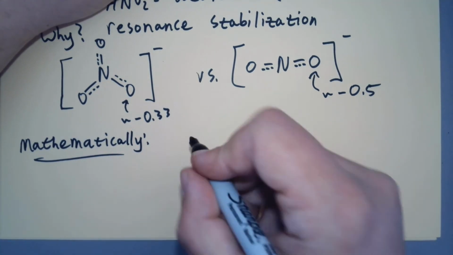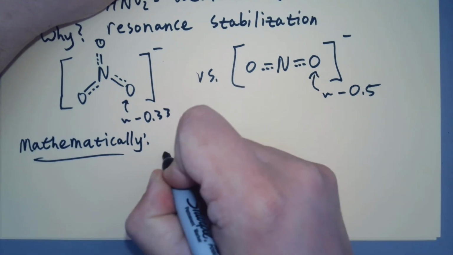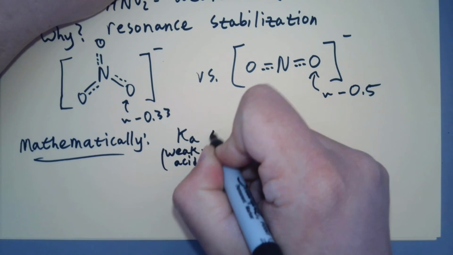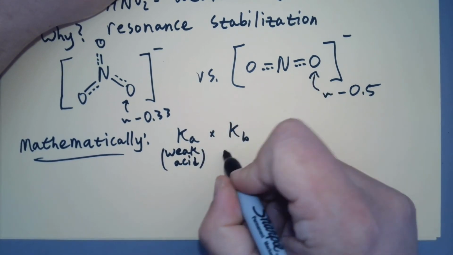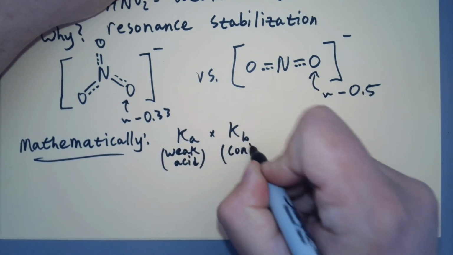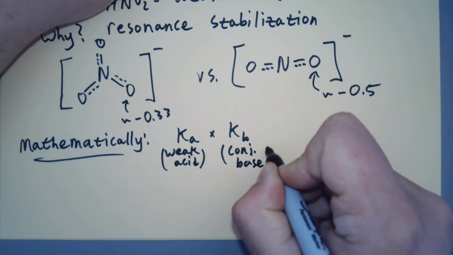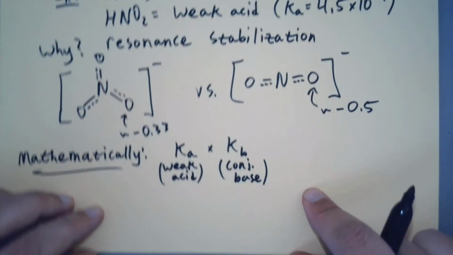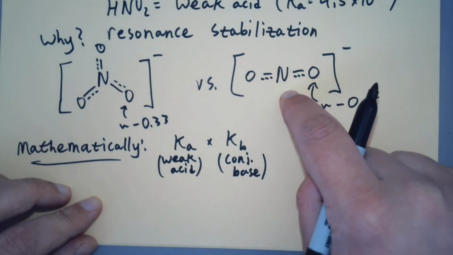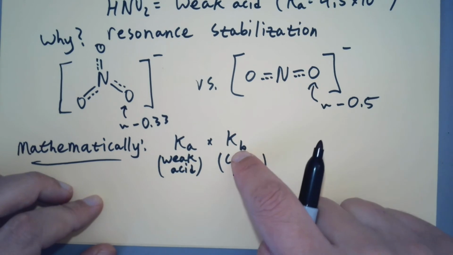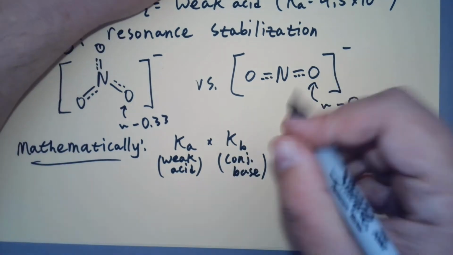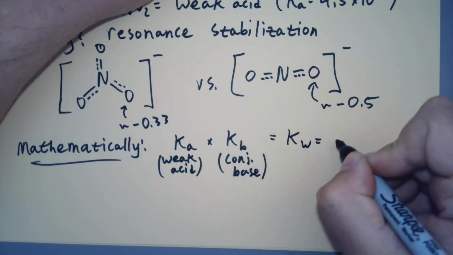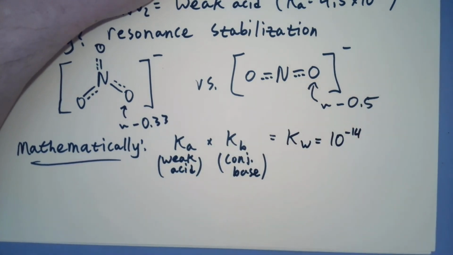And so if you have Ka for your weak acid, and you multiply that by Kb for the conjugate base, so if this was our weak acid, we've got a Ka value. This is our weak base right here, NO2 minus. It would have a Kb value acting as a base. If we multiply these by each other, we get Kw, which is just 10 to the minus 14.